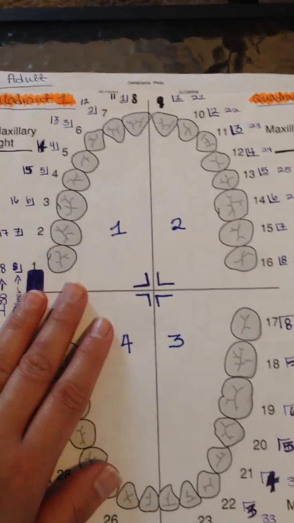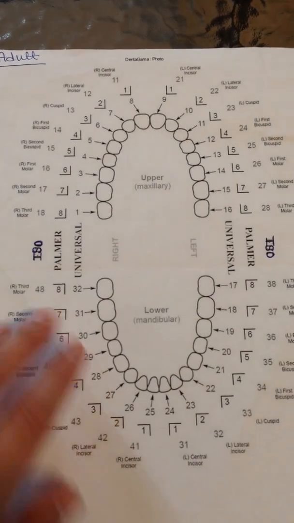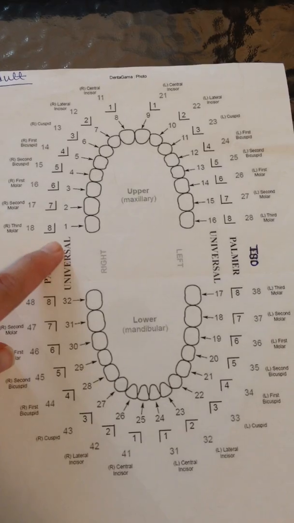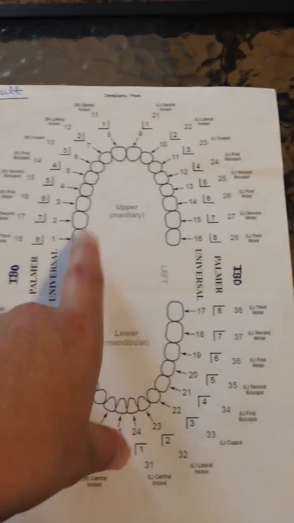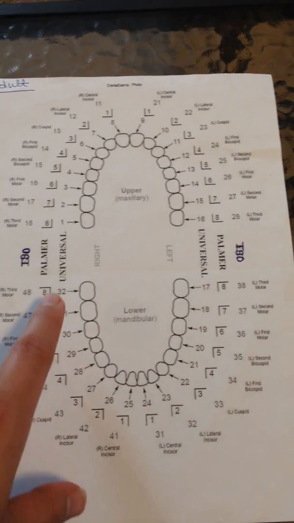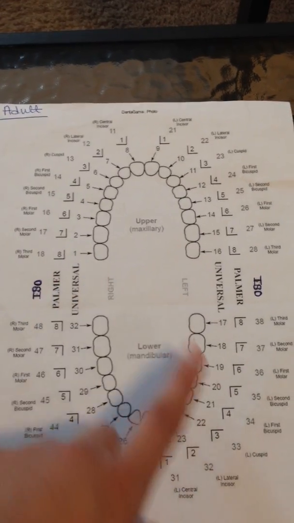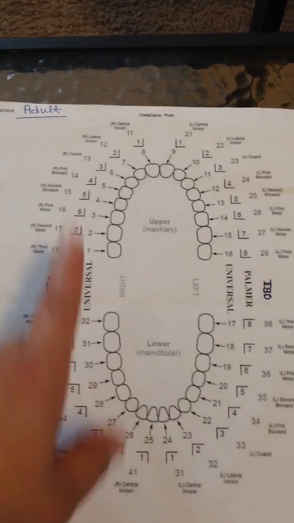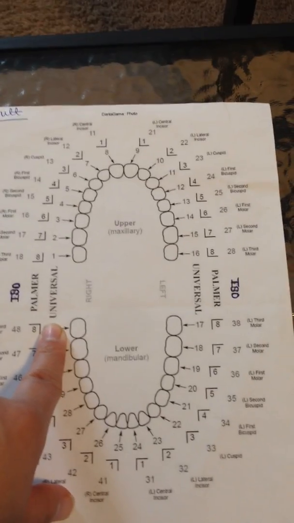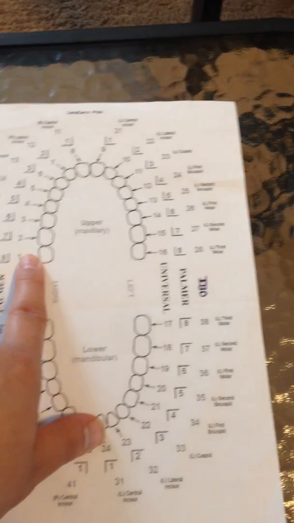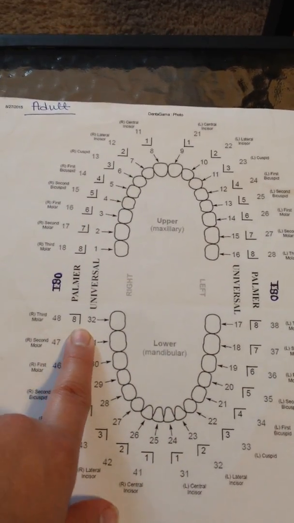So in the United States, we count the teeth by using the universal numbering. Universal numbering is just counting from your right to your left, continuing all the way down and all the way to your right again. So we count from 1 all the way to 32, back on your right.